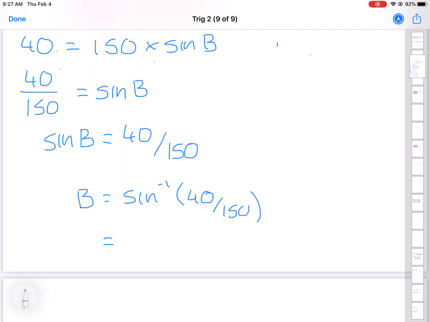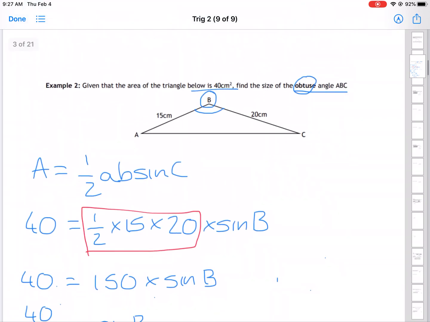Okay, so we'll pop that in the calculator, shift sine, 40 divided by 150, and we'll get an answer of 15.5. Now 15.5 is supposed to be our angle here, however B cannot possibly be 15.5 because we're talking about an obtuse angle, which 15.5 is not.